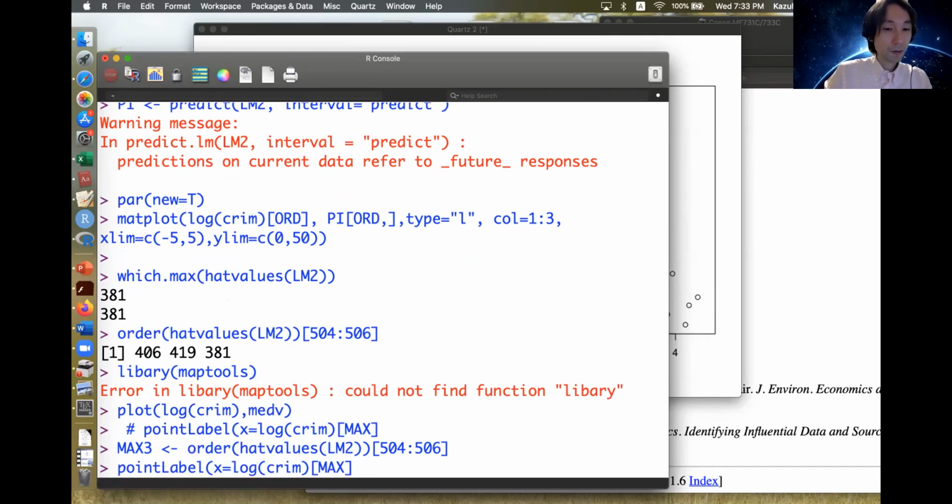So log of crime rate, max 3, and the y is the median value of this max 3. So max 3 is just these 3 observations. So we just pick up these 3 observations.